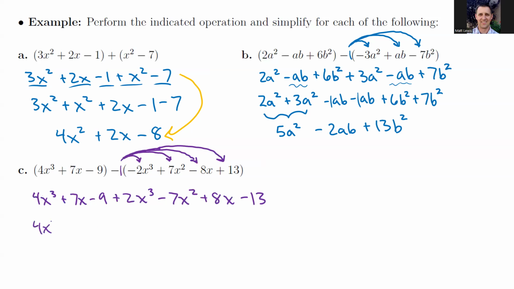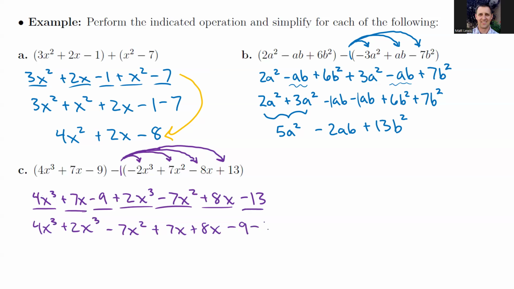And again, my optional step, though in this case, I think it's helpful because there are so many terms. Looks like there's only one x squared term, so I'm writing it in descending order here. 7x plus 8x, then minus 9 minus 13.